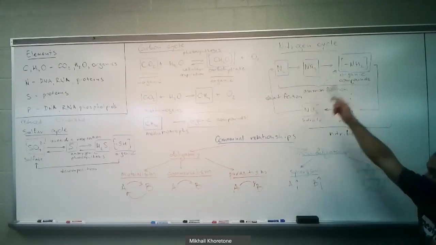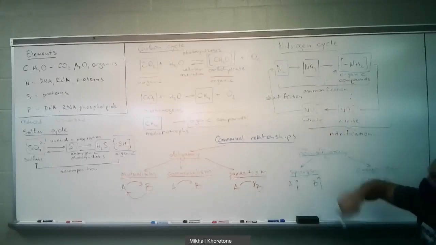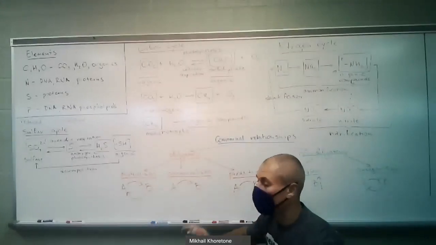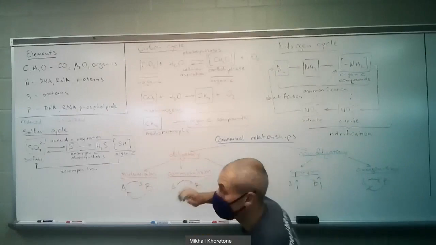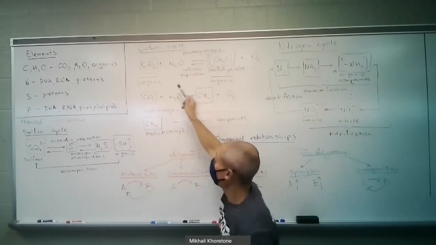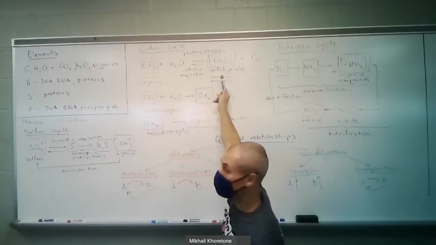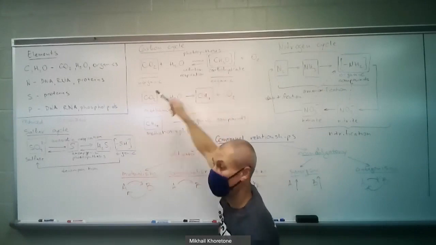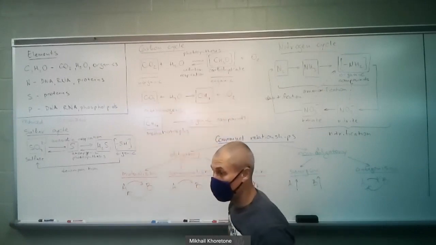No. Oh, for biogeochemical cycles, you need to know sort of terminology. Let me explain. For instance, if I ask you what happens in cellular respiration, inorganic carbon is converted to organic, fixed into organic. What happens in photosynthesis? The other way around. What do methanogens do?